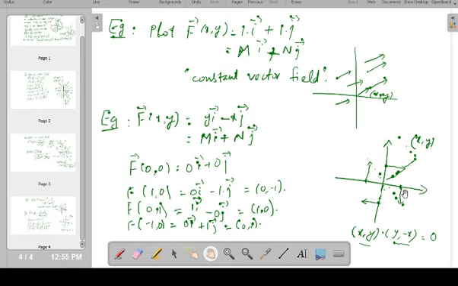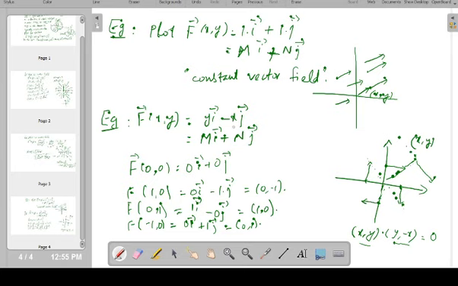Let me translate this vector to this point without changing its magnitude and direction. So I will get this one. Remember, the magnitude of this line and this line are the same, because for the input it is x comma y, and for the output it is y comma minus x.